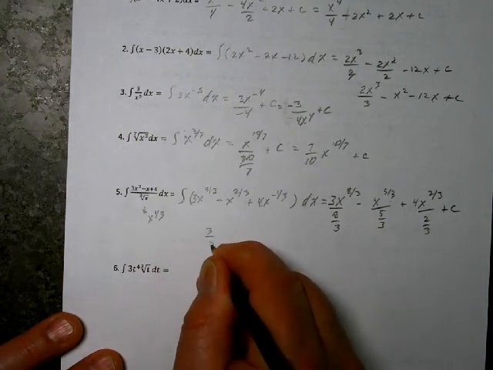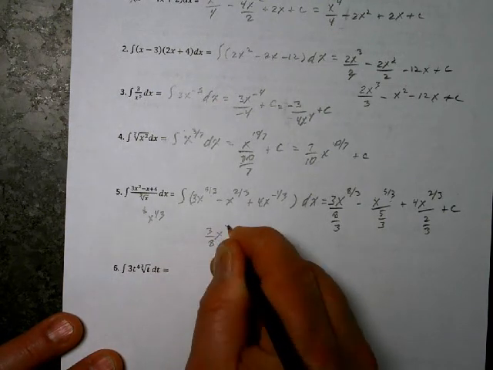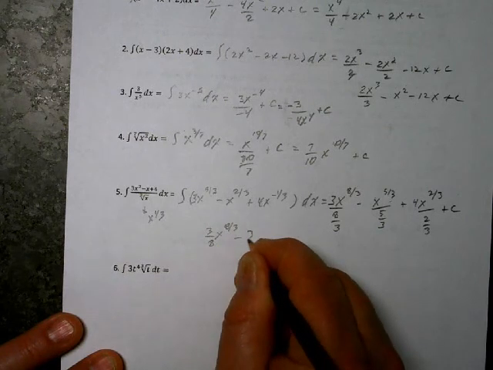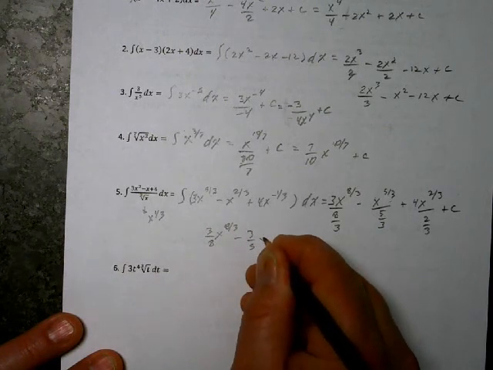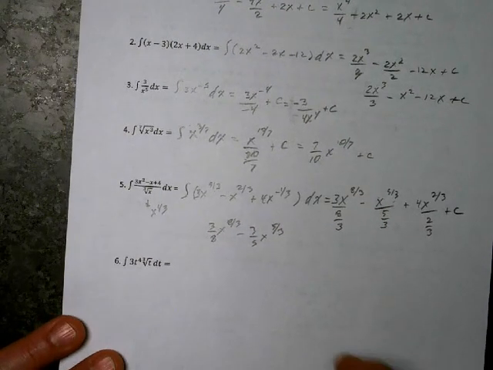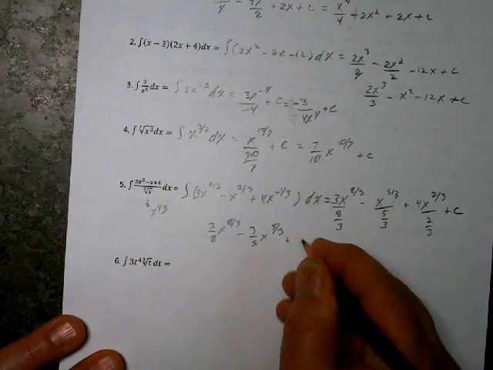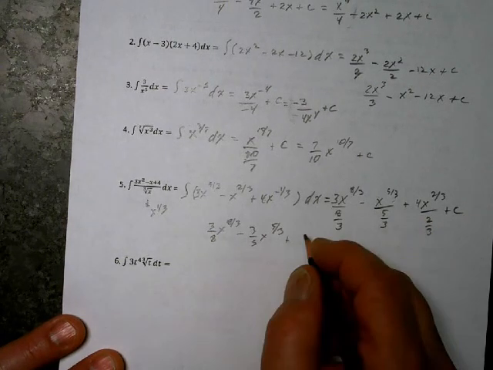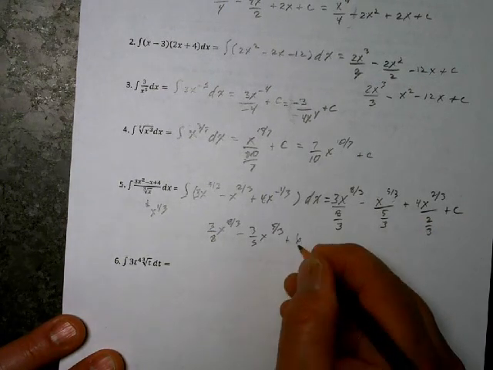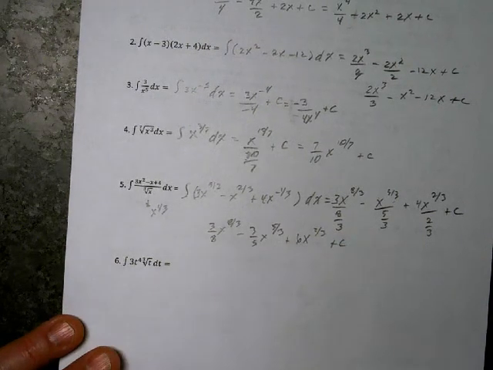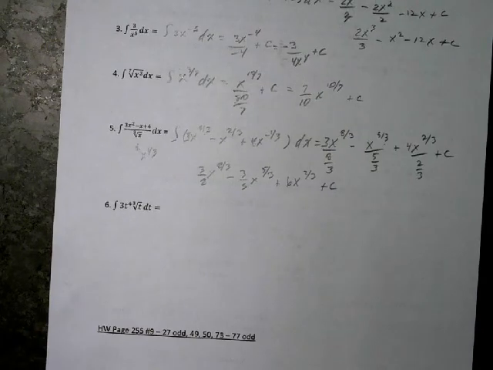Now I'm going to rewrite it right here. So 3/8 x to the 8/3 minus 3/5 x to the 5/3 plus, now this is going to be 12 over 2, so that's 6 x to the 2/3 plus c.